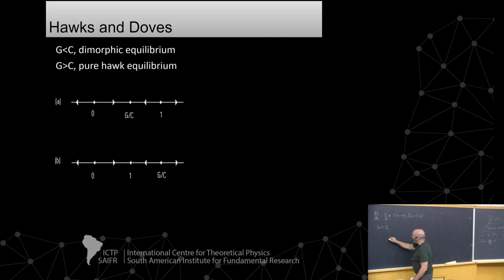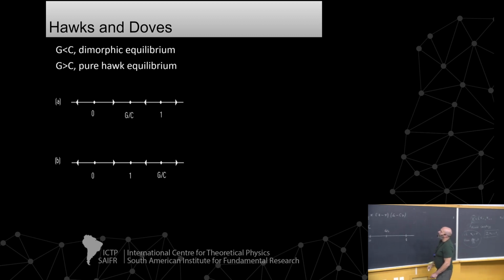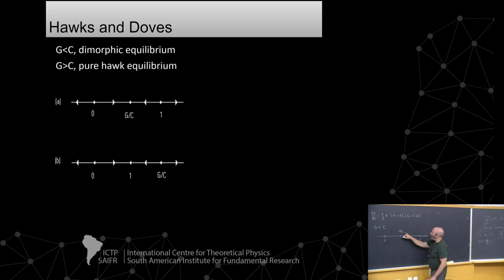So I have 0 here, I have 1, and G over C here. If G is less than C, G over C will be in the middle, between 0 and 1.